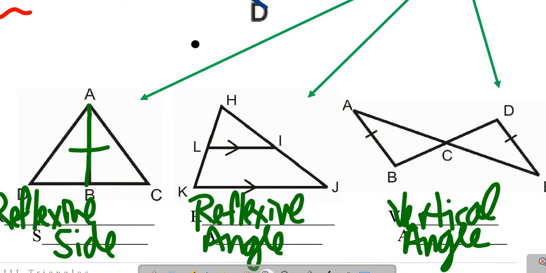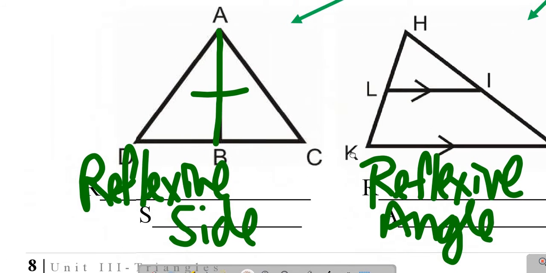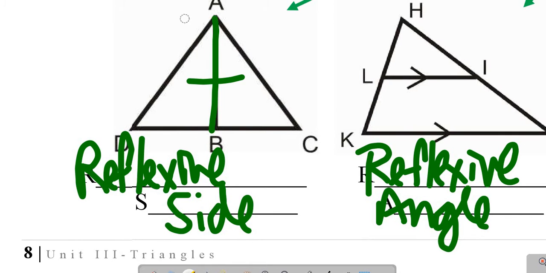The first one is what's called a reflexive side. If a side is shared by two triangles exactly, that would make it a reflexive side. It's also congruent, so you'd hatch mark it, put an S.